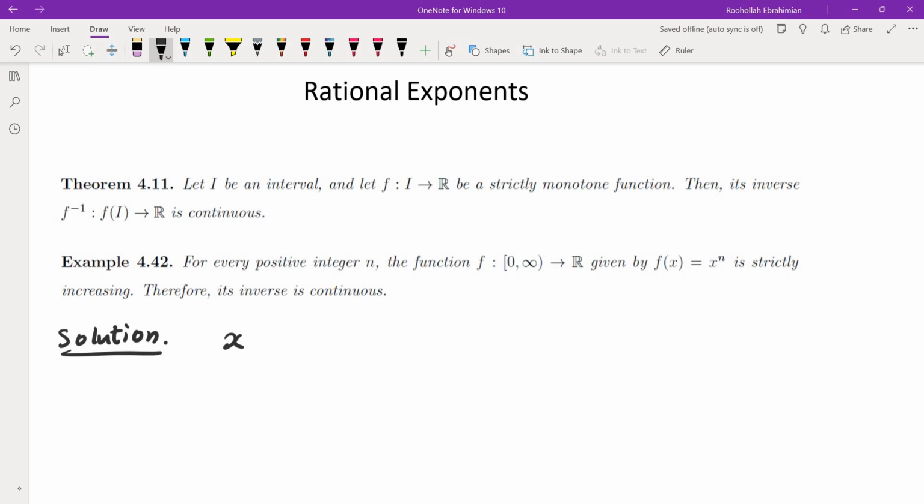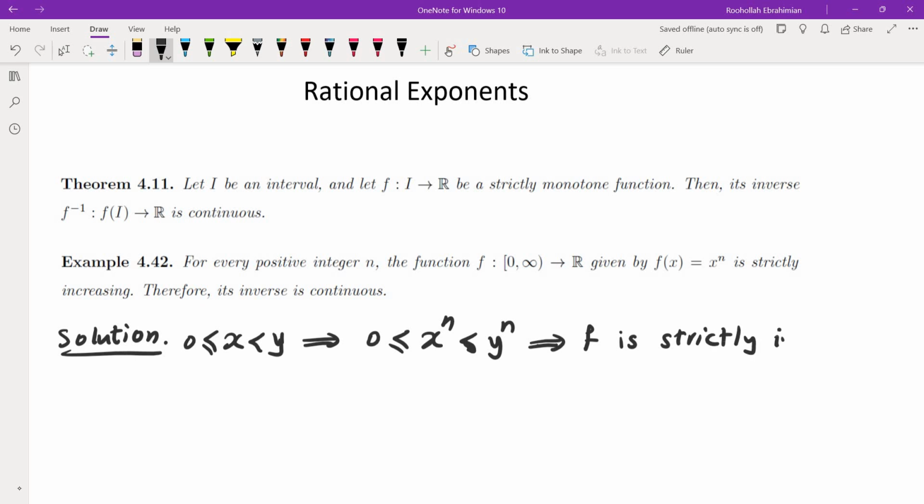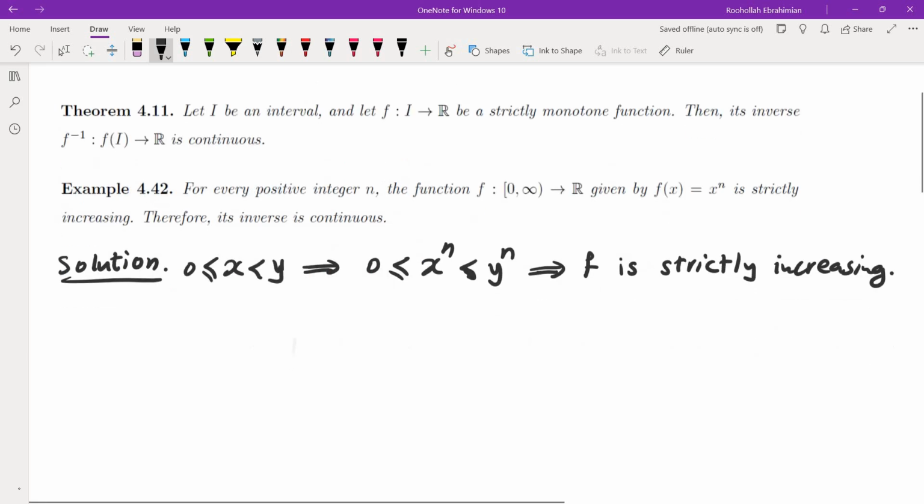So if I have x less than y, both greater than or equal to 0, and I raise both sides of this inequality to a positive integer exponent, then I have x to the n is less than y to the n, and this means f is strictly increasing. So that's clear. Therefore its inverse is continuous, and that's also pretty clear.